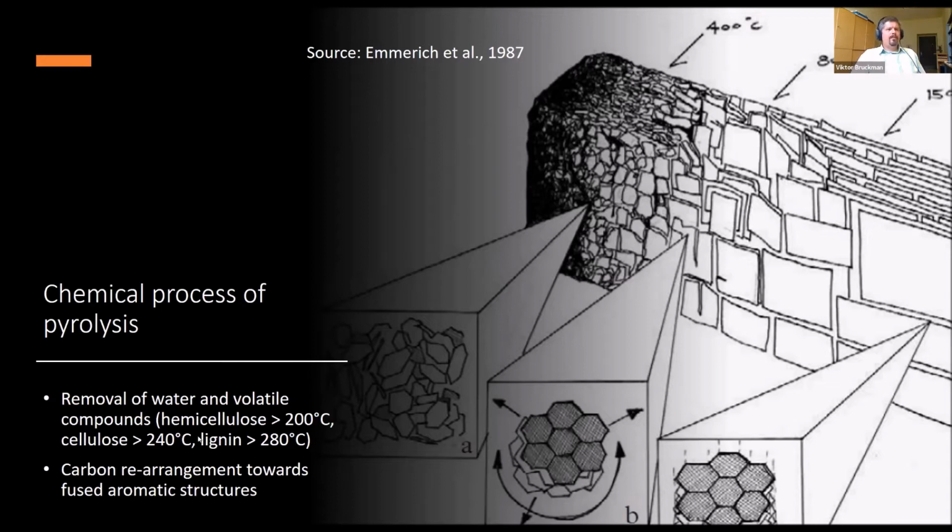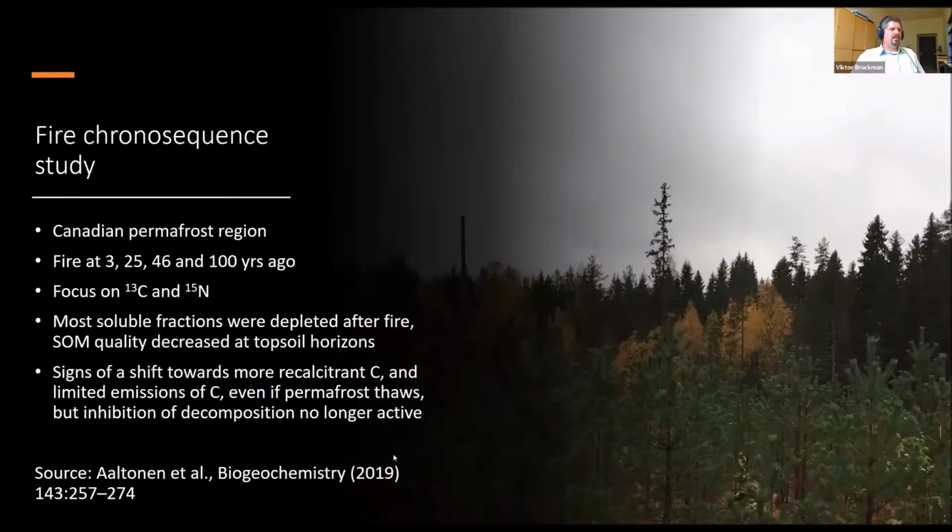What's happening from a more amorphous stage of carbon, we will end up with more orientated structures, so-called fused aromatic structures, and those are very resistant. You know that from archaeological studies, you could trace human settlements mainly because of remnants of charcoal at the fireplaces, and this can sustain in the soils a couple of thousand years if the conditions permit.